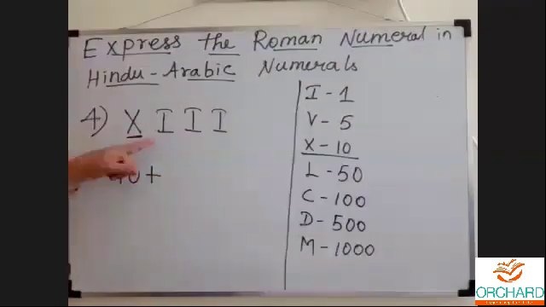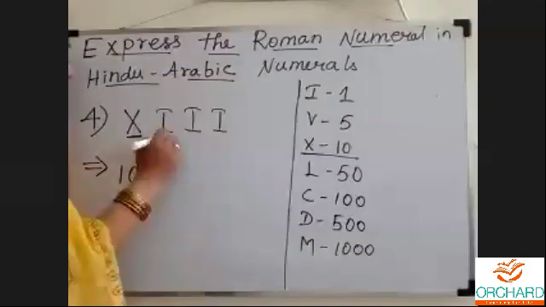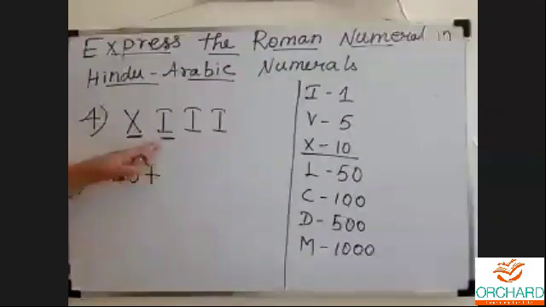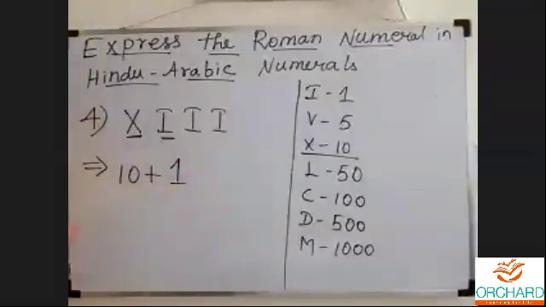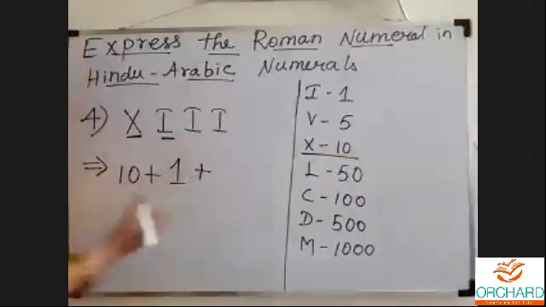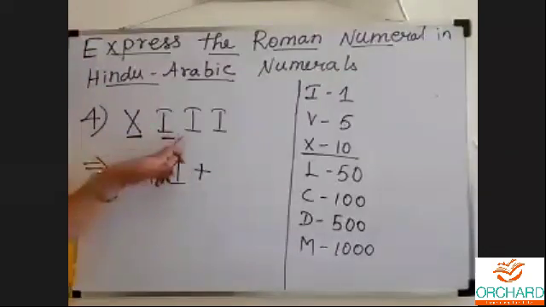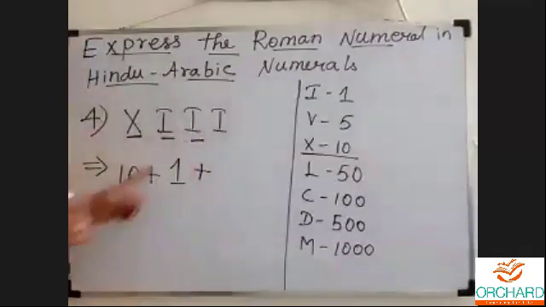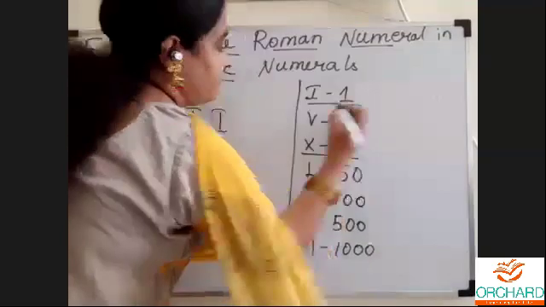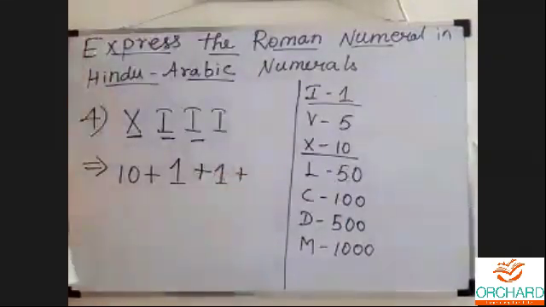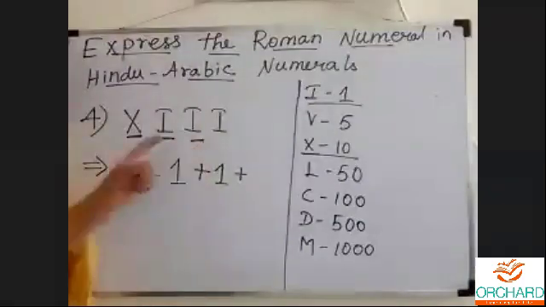Plus, now the next letter is I. I stands for 1. I need answers one by one, don't give the whole answer. The next one is again I, so again I stands for 1. You have to write plus 1, again plus, then one more I is here.